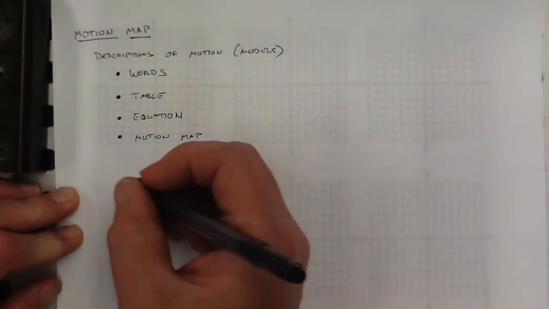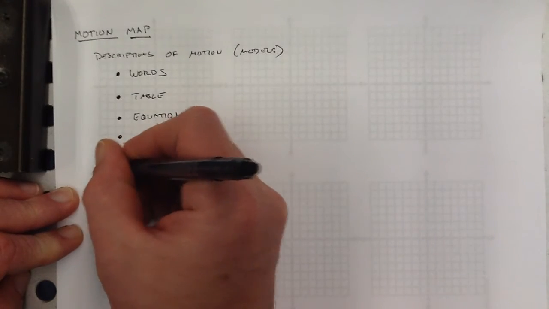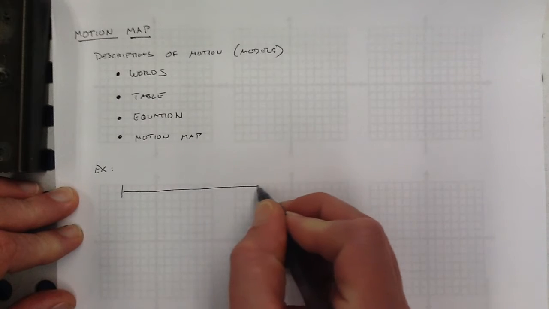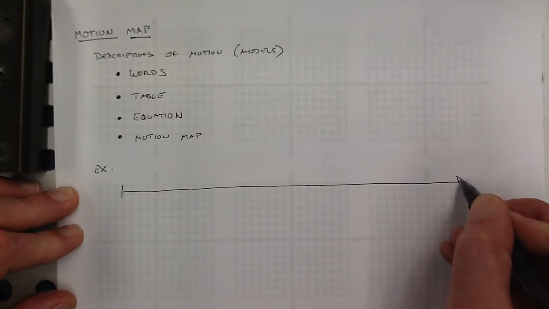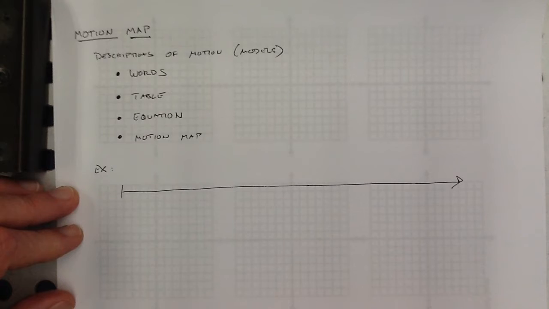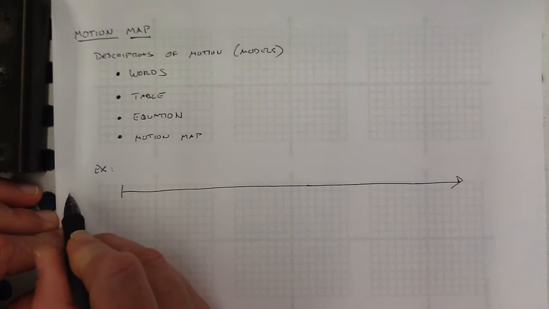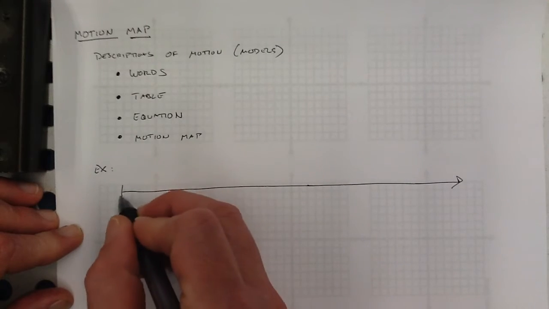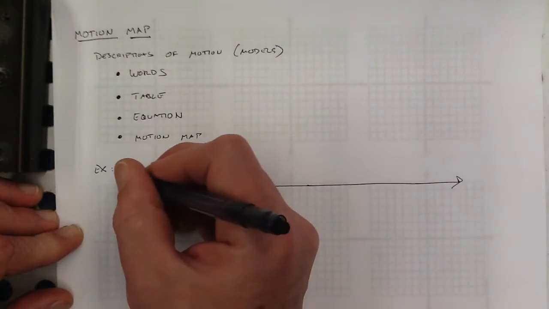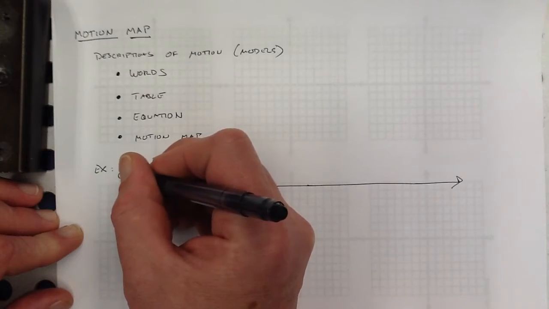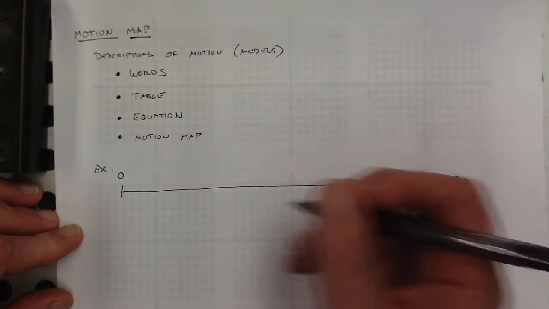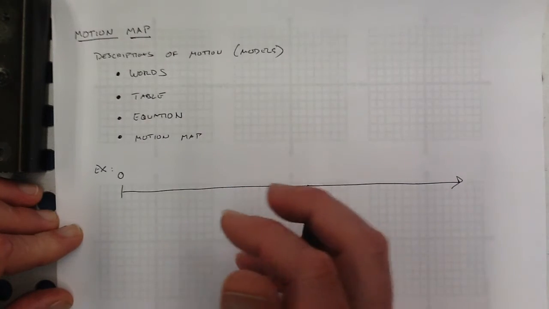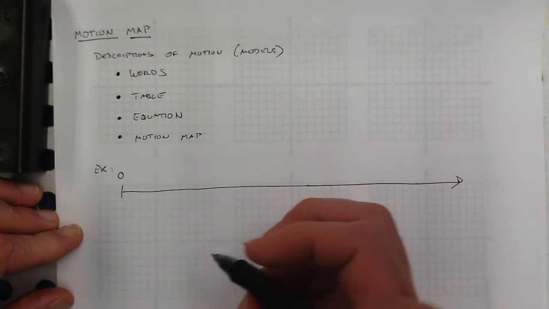So here's a motion map. Just to give you an example. A motion map has, first of all, a number line. It could extend past this in the negative direction like that. Sometimes, if I know that I don't need anything into negative territory, I could do this. So there's 0, and I'm going to stick with this cyclist A example here.